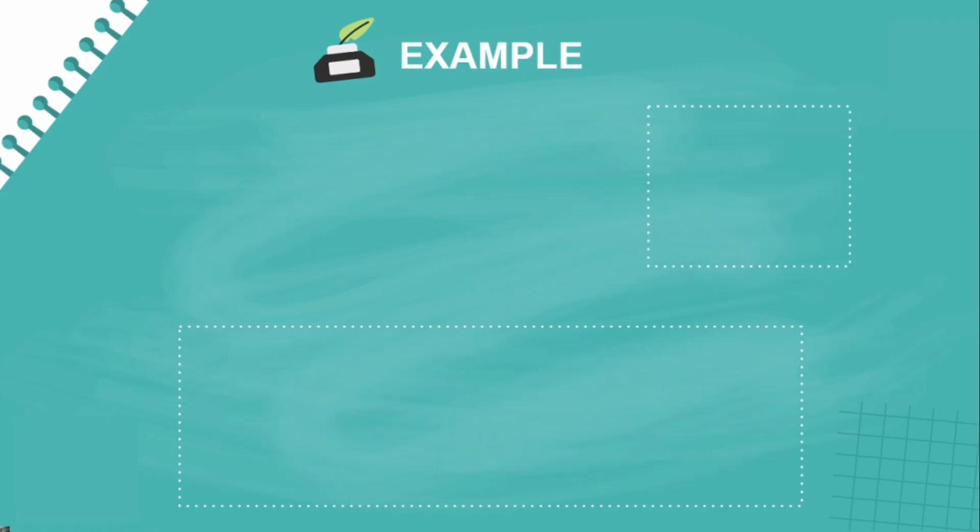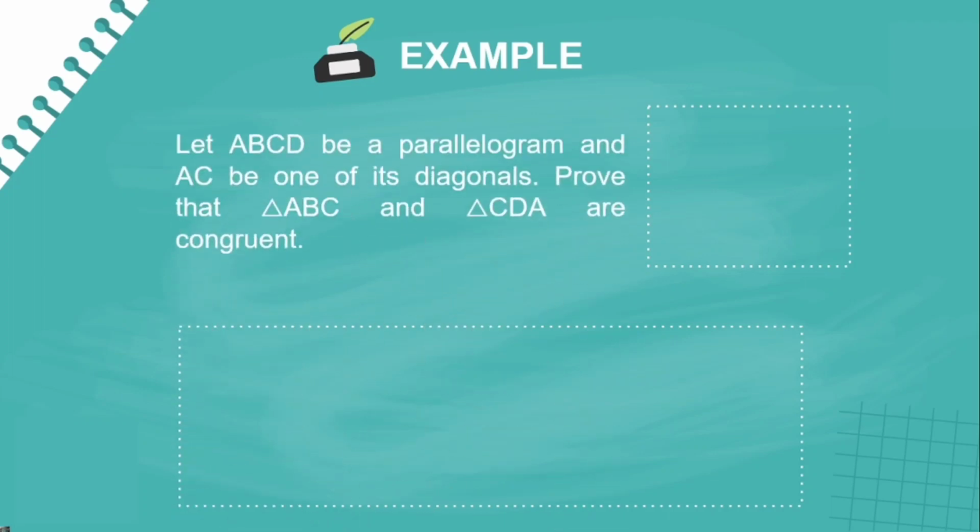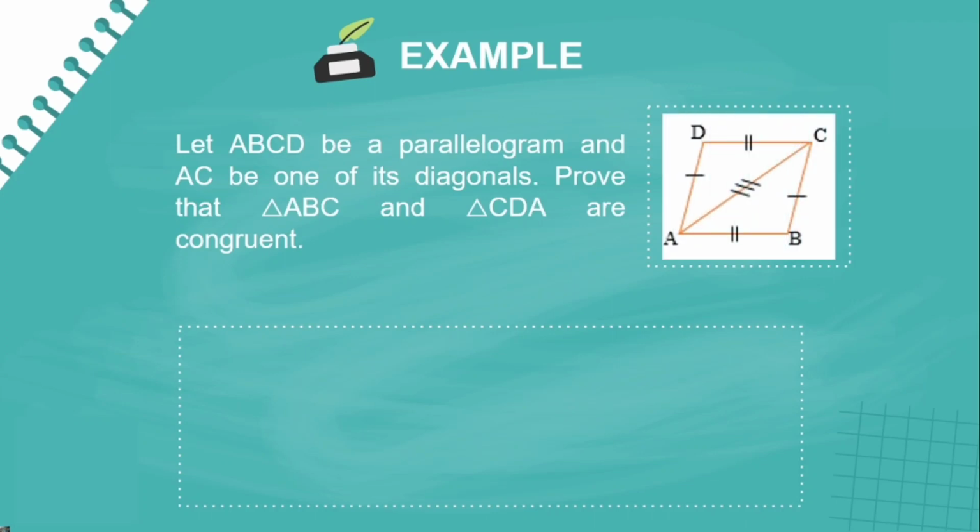Let's have another example. Let ABCD be a parallelogram and AC be one of its diagonals. Prove that triangle ABC and triangle CDA are congruent. So if we are going to illustrate this, then this is how it would look like.